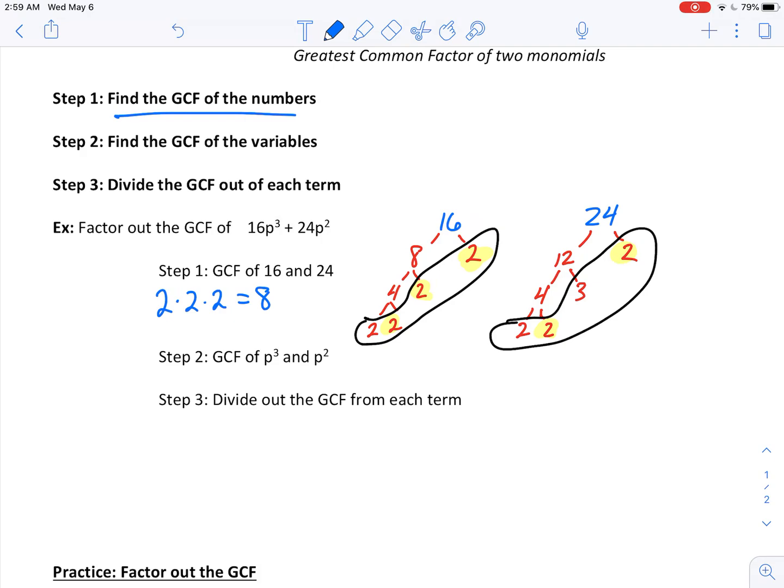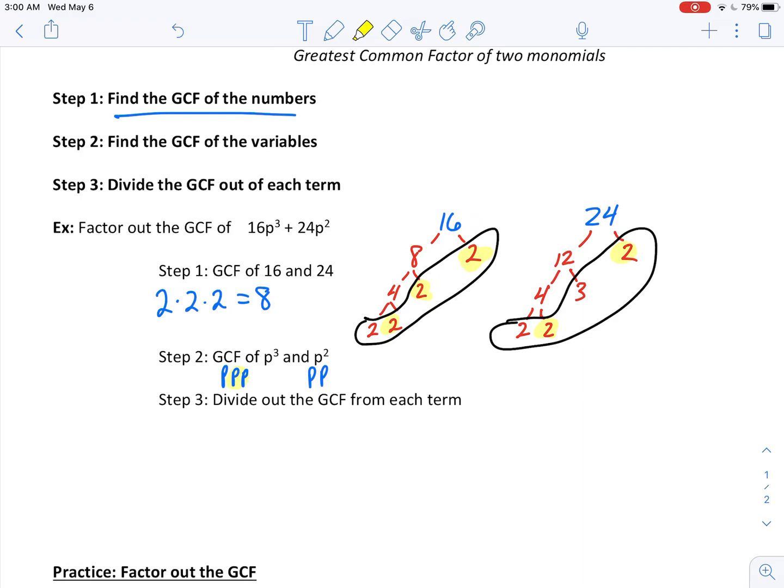So we're going to do the numbers first, then we're going to look at our variables. So if I've got p to the third and p to the second, or p cubed and p squared, then how many do they have in common? How many could they match up together?